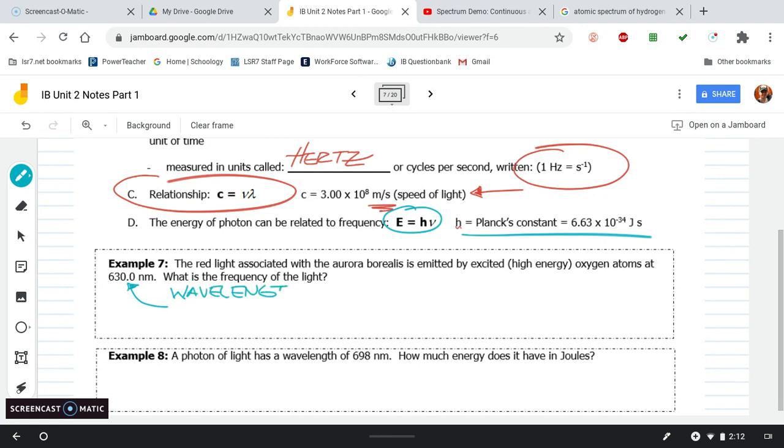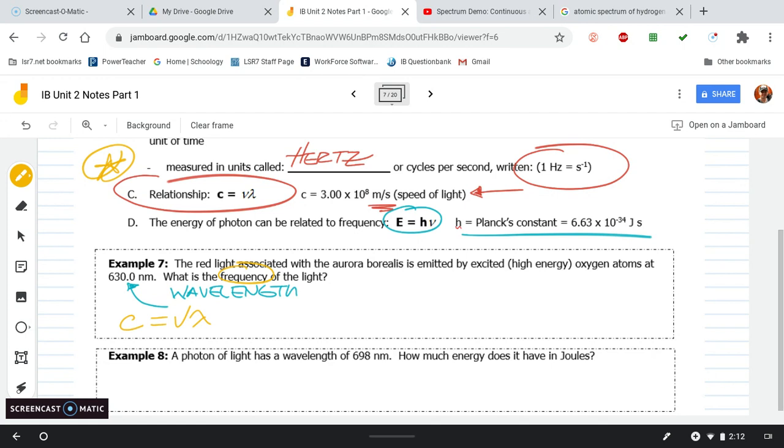Then it asks, what's the frequency? So we're solving for frequency. Luckily, we have a nice formula for that: the speed of light equals frequency times wavelength. We need frequency and we have wavelength, so we're good to go.